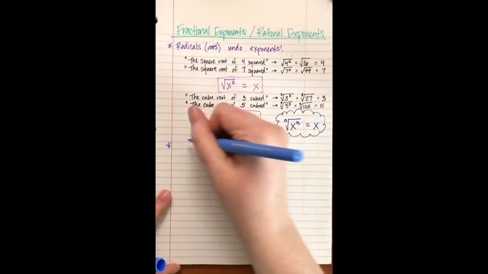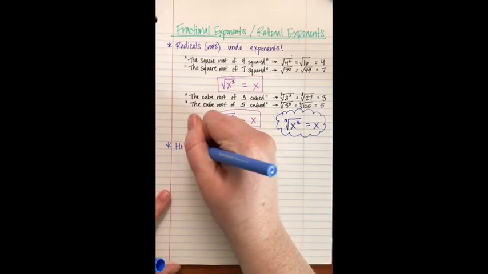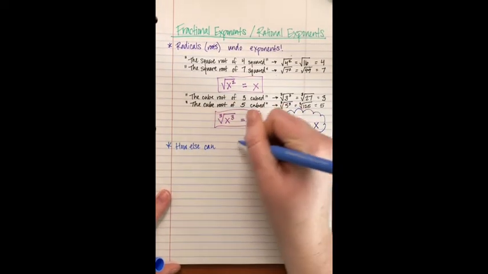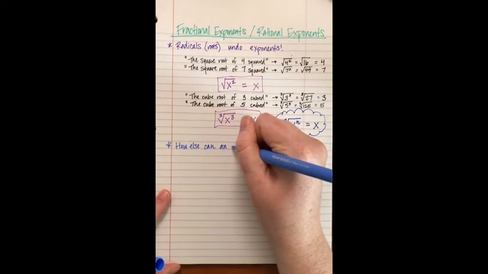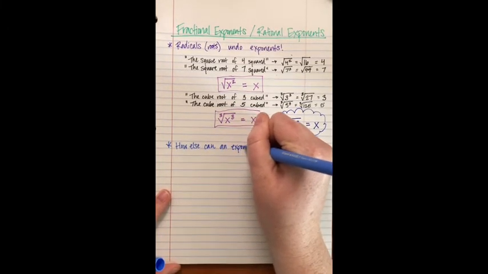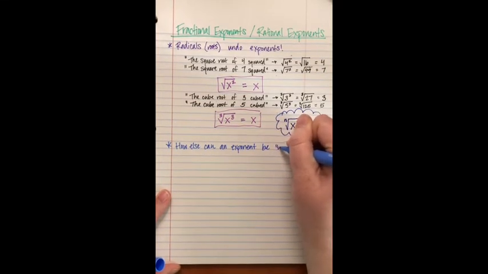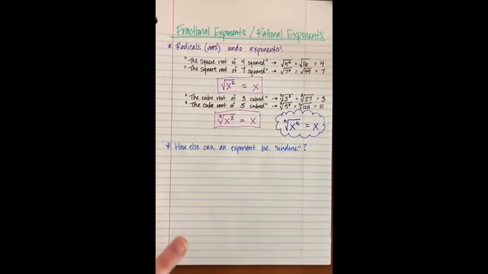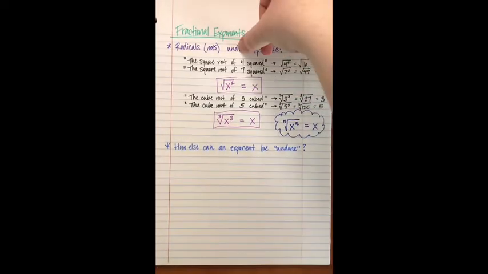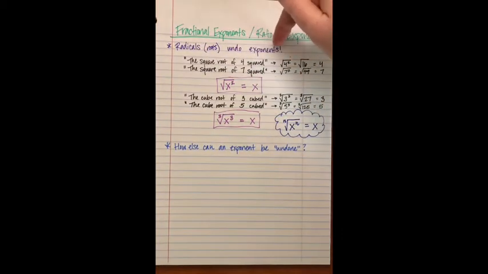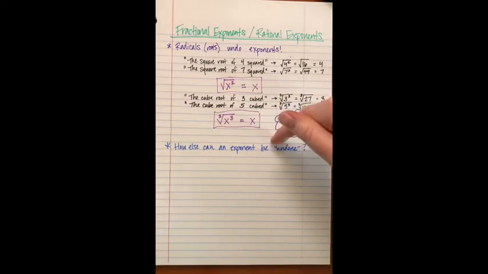I want you to ask yourself, how else can an exponent be undone? And if you don't like this word, undone, you could say cancel out. Radicals cancel out exponents. How else can an exponent be canceled out? That's what I'm trying to get at here.